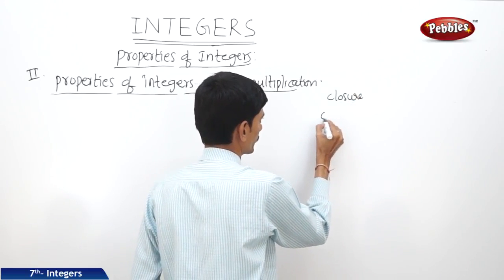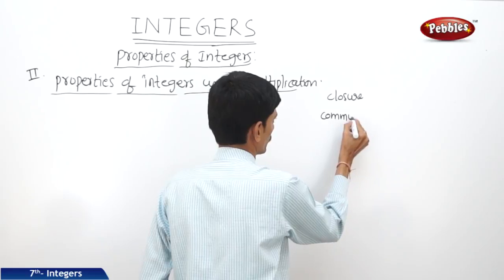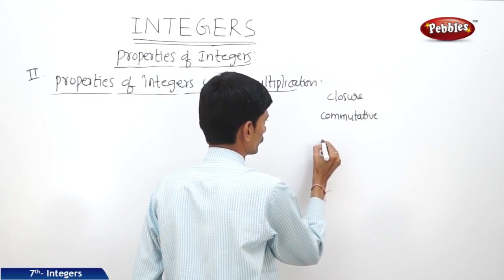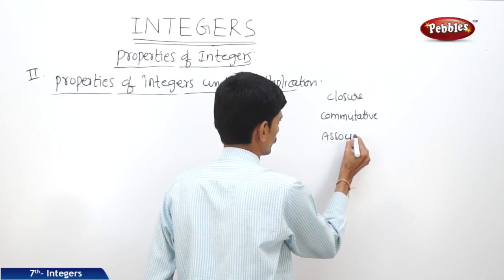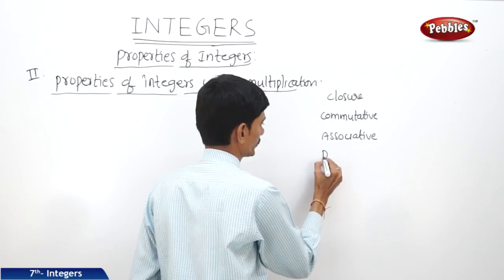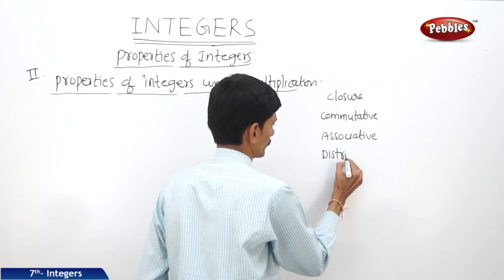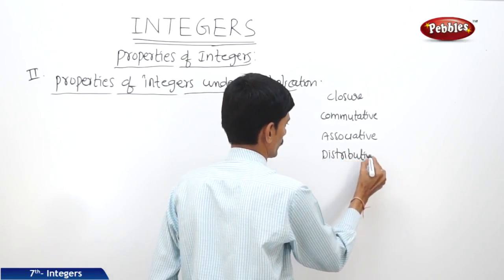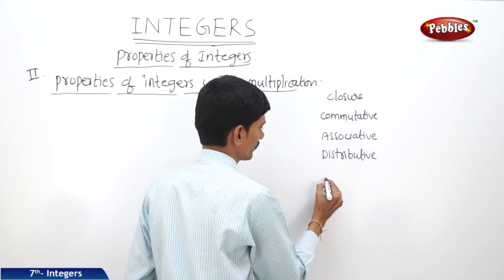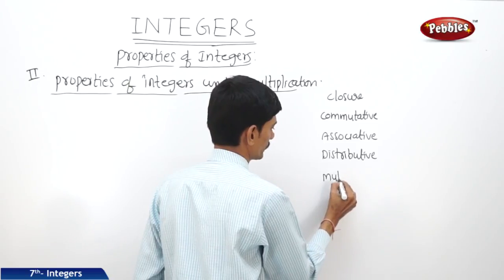Second, commutative property. Associative. Distributive. Multiplicative identity.